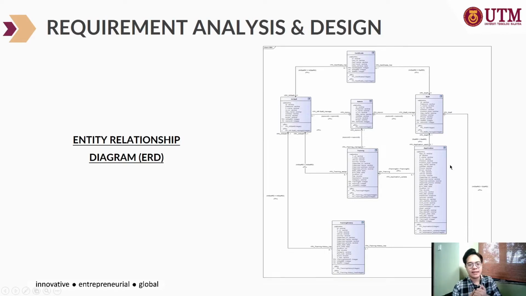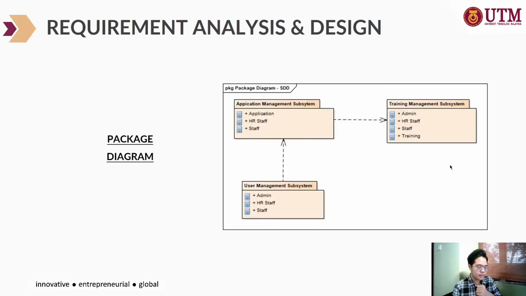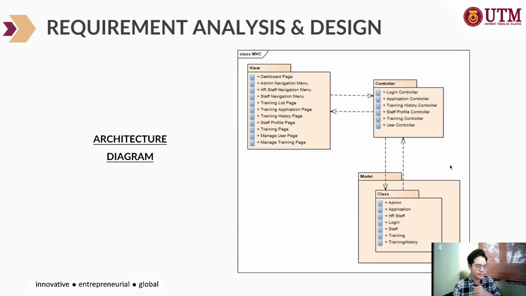And this is the entity relationship diagram, which is derived from the class diagram. And this is the package diagram, which contains 3 subsystems, which are the user management subsystem, application management subsystem, and training management subsystem.